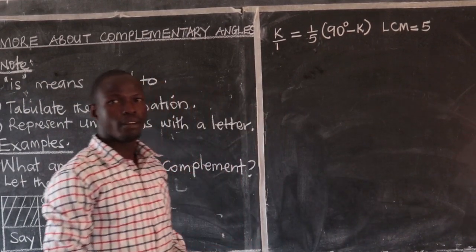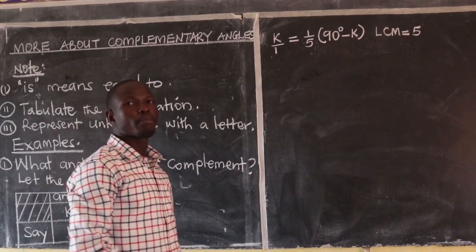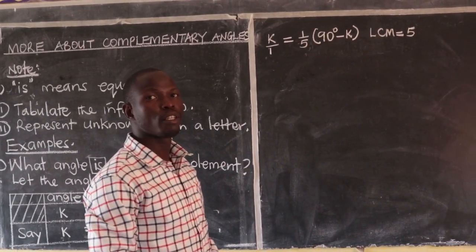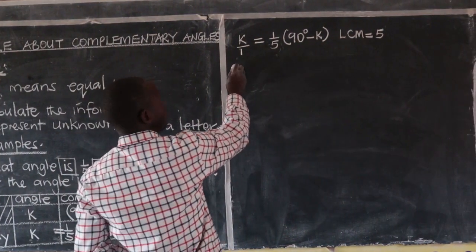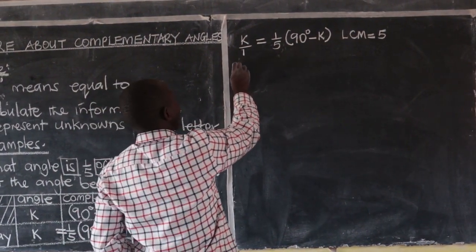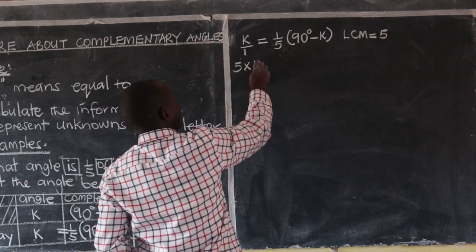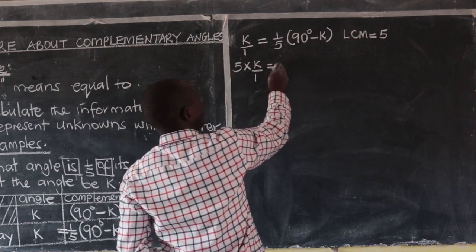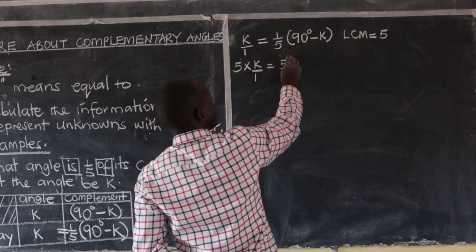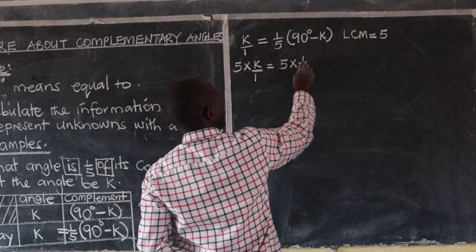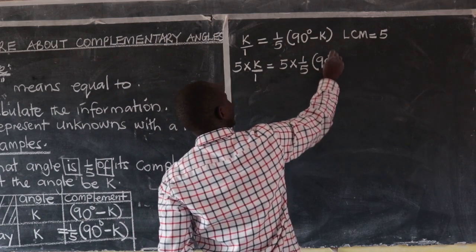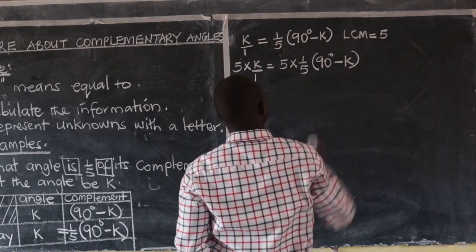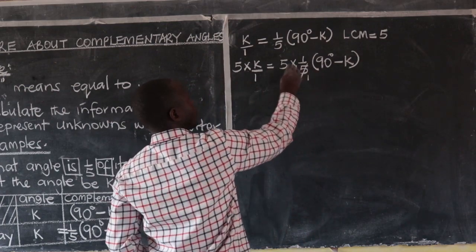Since the LCM is 5, we shall multiply all terms of this equation by 5. So this is 5 times K out of 1 is equal to 5 times 1 out of 5 into brackets 90 degrees minus K.